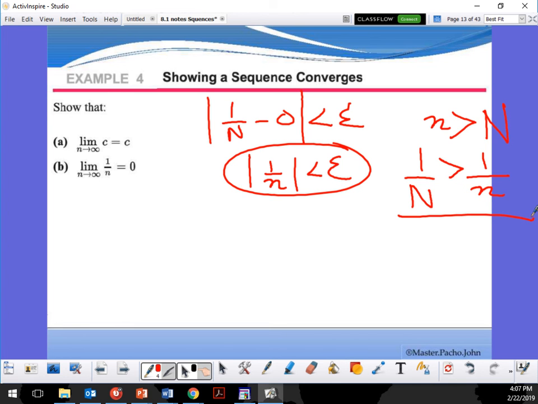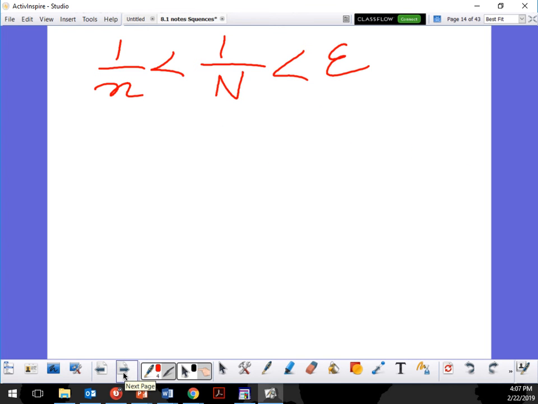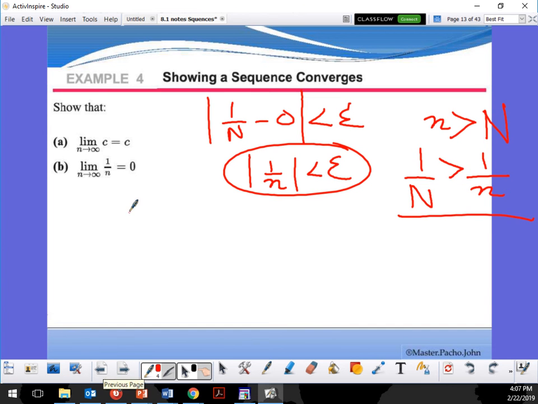That's what I did on that other page right there. So 1 over, because my inequality here, right? 1 over n, lowercase, is less than 1 over capital N, because of this over here. It's got to work for it to work out.